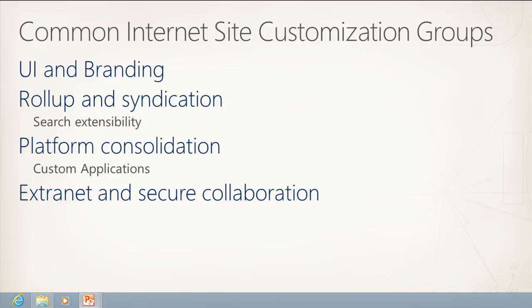Maybe you did some things around search on SharePoint 2010, accessing other sites and pulling things together. You might have done platform consolidation on SharePoint 2010, where you hosted one central platform that served multiple websites. Those are other things around web content management sites that I've seen a lot of customers do. The last one is that you might have built some extranets and secure collaboration with your partners and customers.